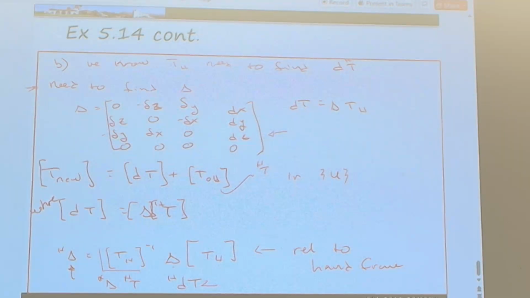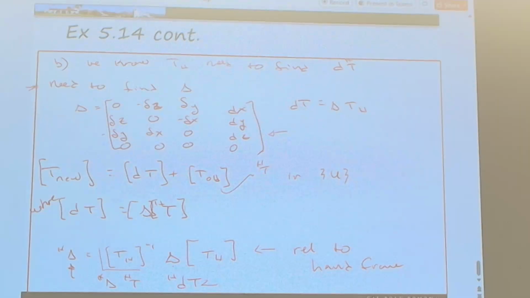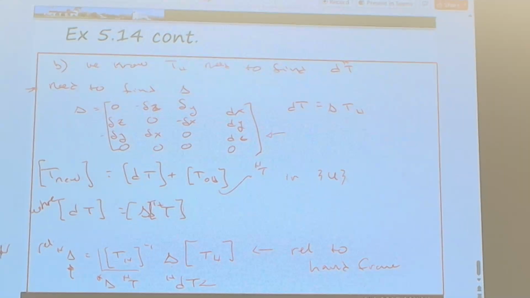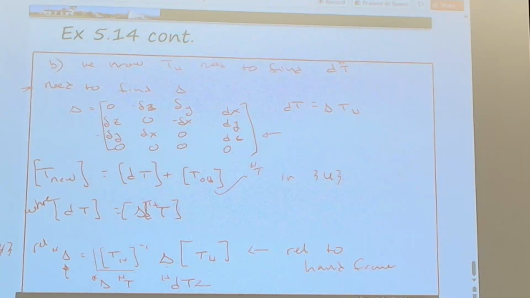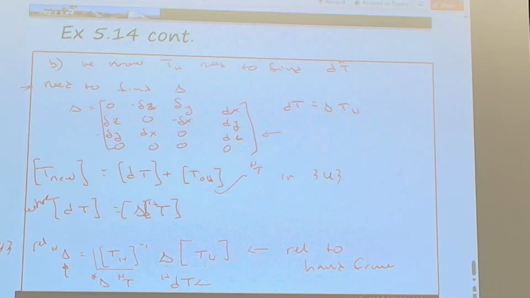That will be the differential motion relative to the end effector. So this is the relative motion to the frame. This is going to be the absolute to the universal coordinate system. So this is relative to H. You can relate the differential motion by pre-multiplying by the inverse of the frame times that delta, and then post-multiplying by the frame itself.